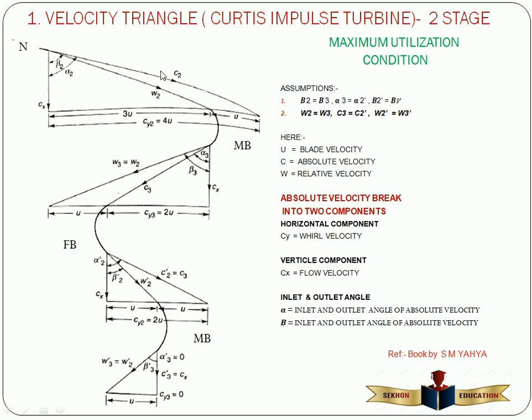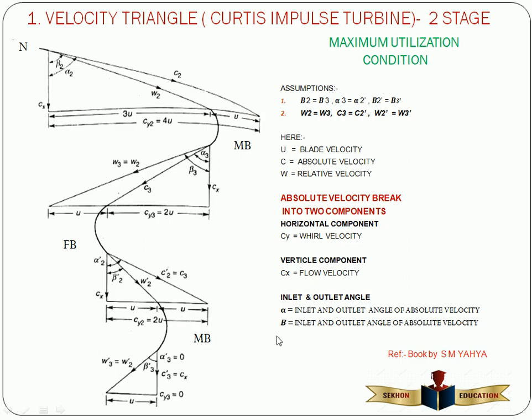The numbering is basically 1, 2, 3. The 1 parameters always go to the nozzle inlet triangle, then 2 comes to the nozzle outlet triangle, then 3 comes to the moving blade outlet triangle. Afterward it repeats, because there is no nozzle, so we simply draw second for the moving blade. If we have only 2 stages, we mention C2 dash.